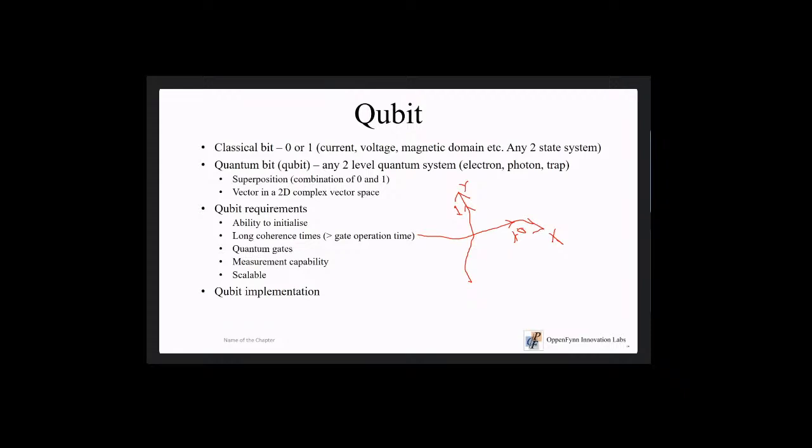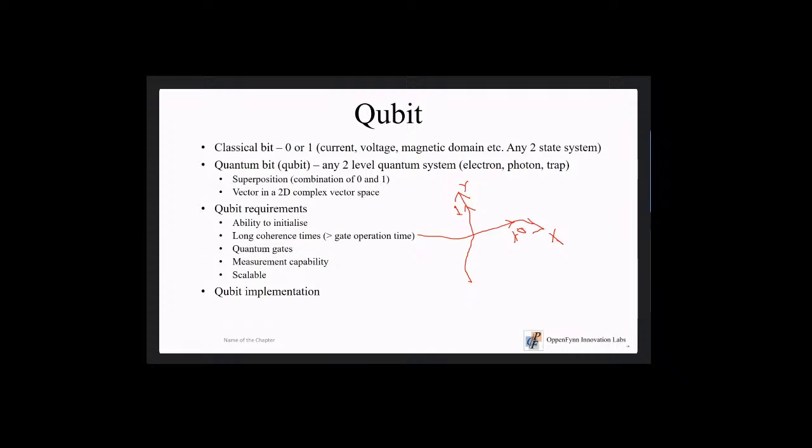You would write it as alpha, and then it has an x component, so unit vector x cap, plus beta, and then the y component of the vector.